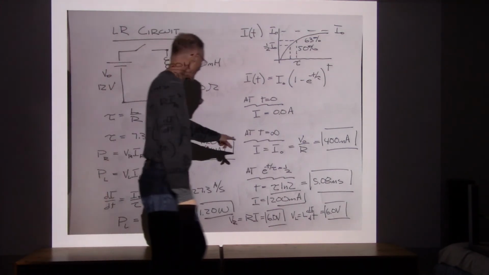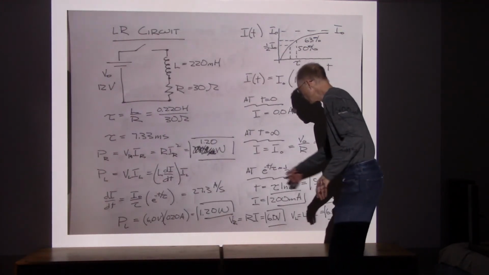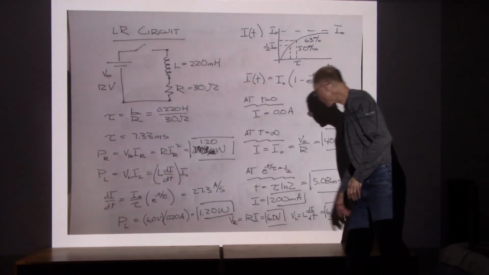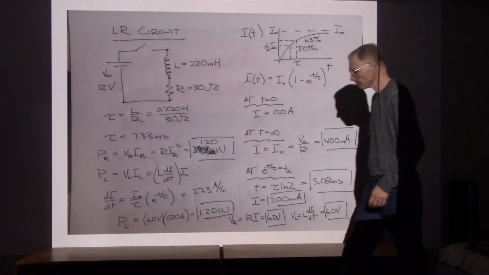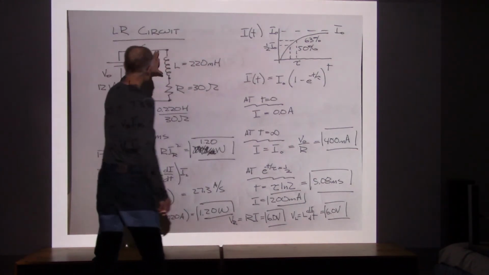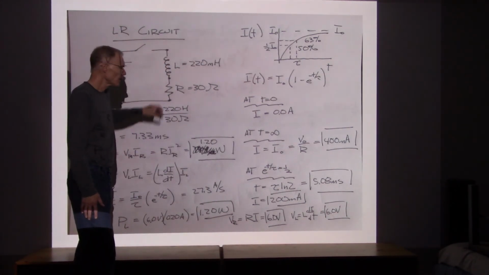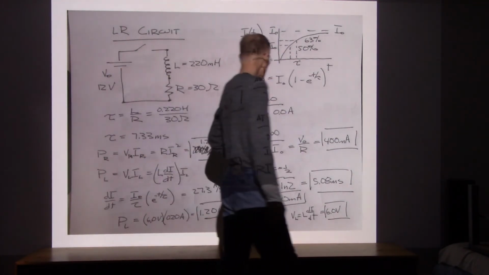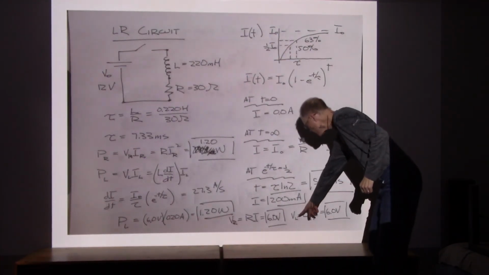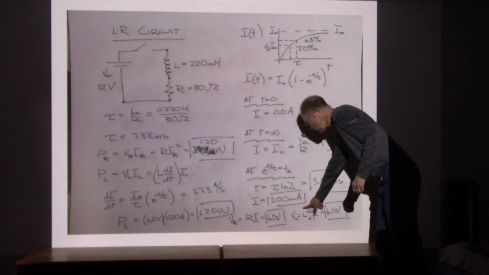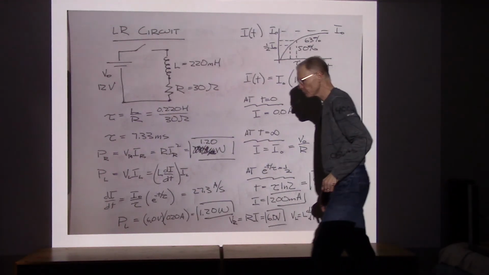So when the current is halfway, then the voltage is halfway, and that says 6 volts. Now, what I'm guessing is, if this is at 6 volts, then this is going to be the remaining 6 volts, and we can go through and check that. For the voltage across the inductor, we can write that as L dI/dt.